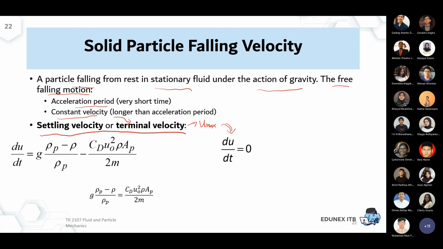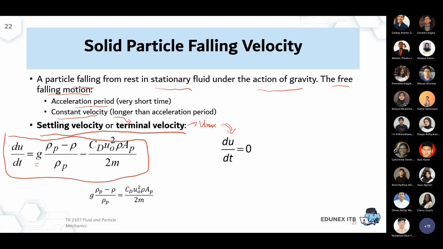That's the maximum point. So using that concept, now we can further apply the previous force balance calculation that we derived in the previous slide. This is using gravity, for example, settling. What is the velocity when the particle settles at the bottom of the chamber? That can be called a terminal velocity.